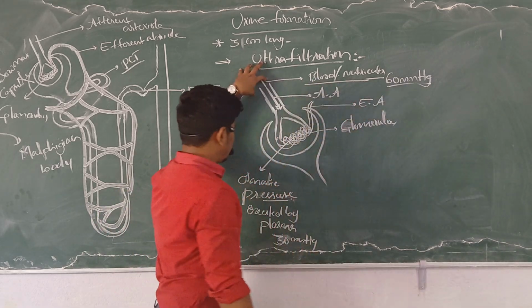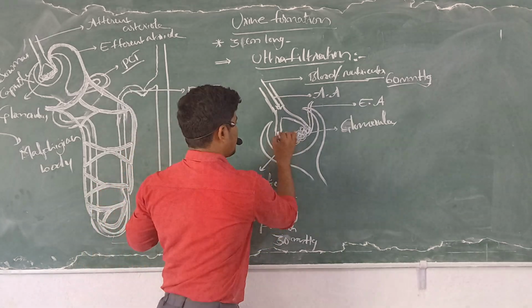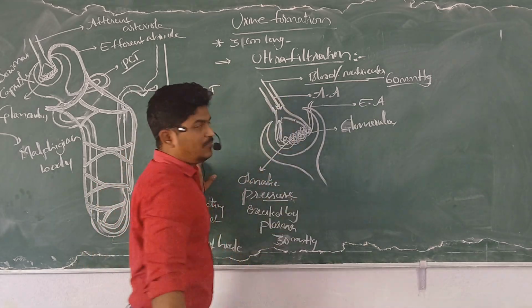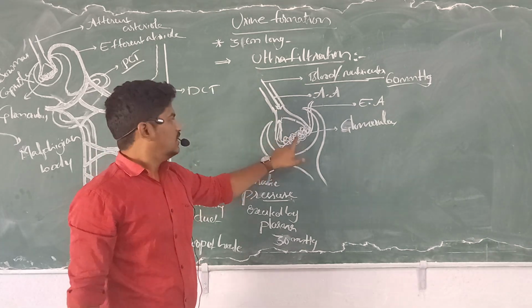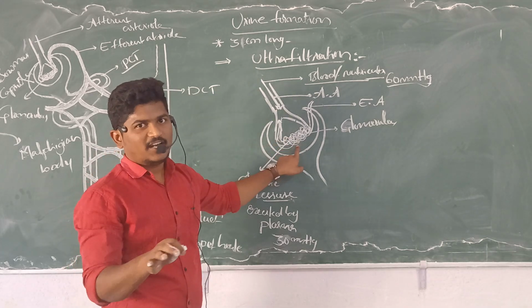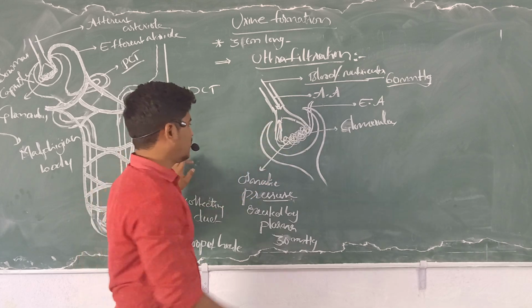With 60 mm Hg the blood came, and this 30 mm Hg gives an opposite action to this blood pressure. Why? Because if the blood enters here with that same pressure, this area can't tolerate it. So that is the reason it gives an opposite action.